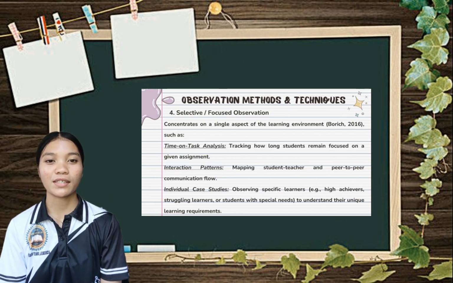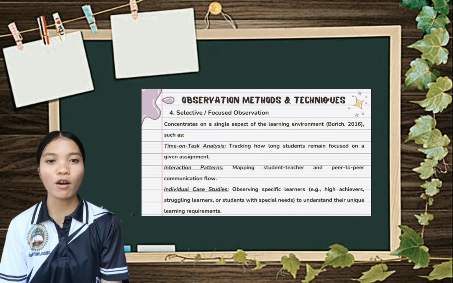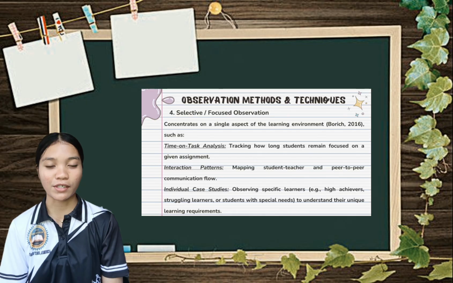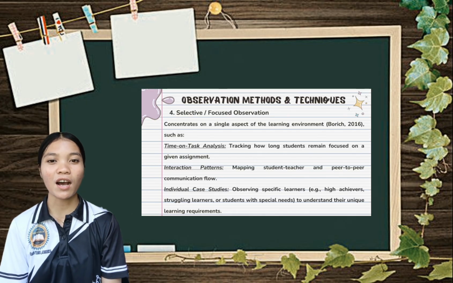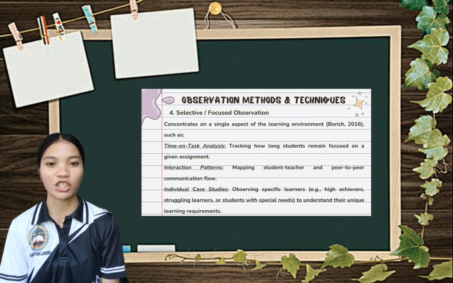One example is time on task analysis. This focuses on how long students remain focused on a particular assignment or activity. Another example is interaction patterns. This examines how teachers and students communicate with one another, including student-teacher and peer-to-peer interactions.